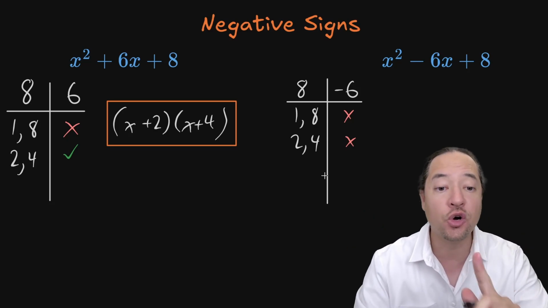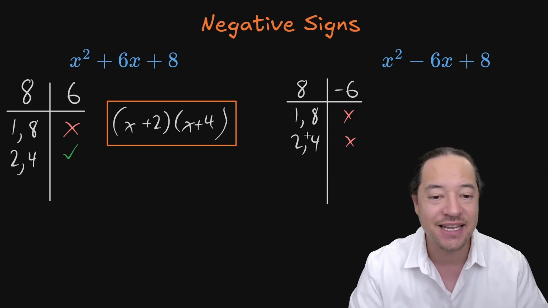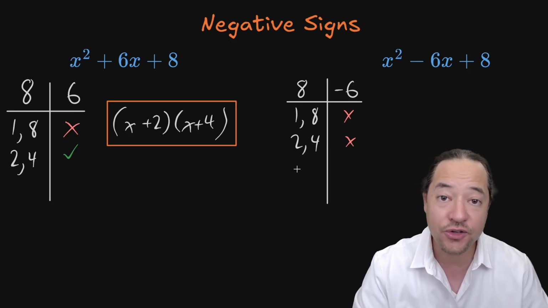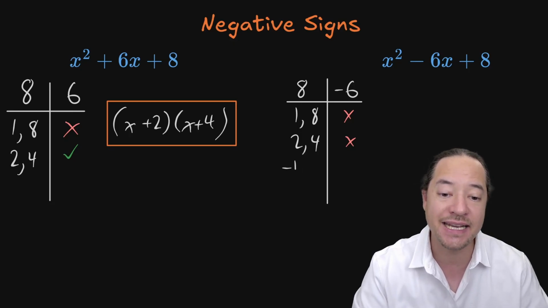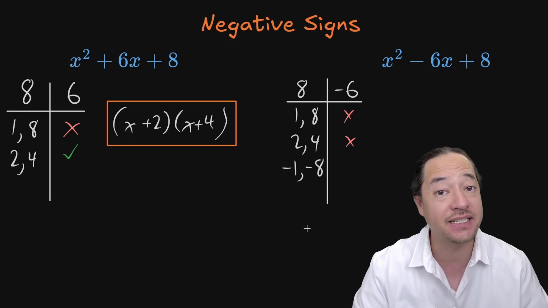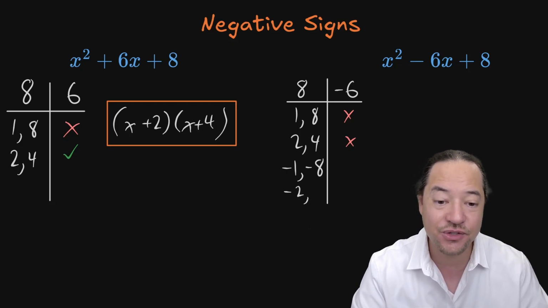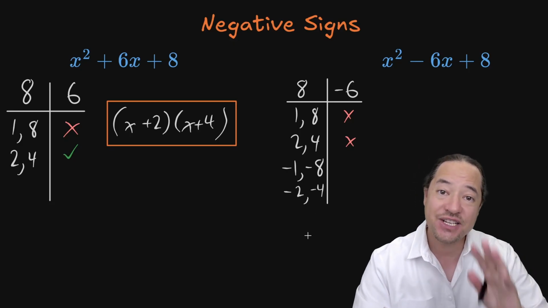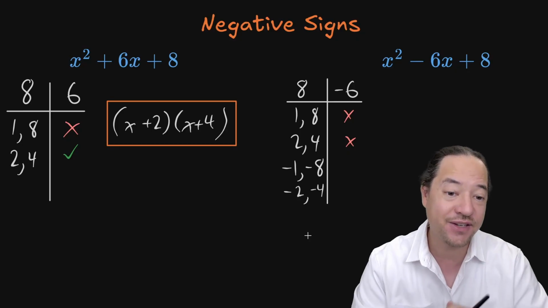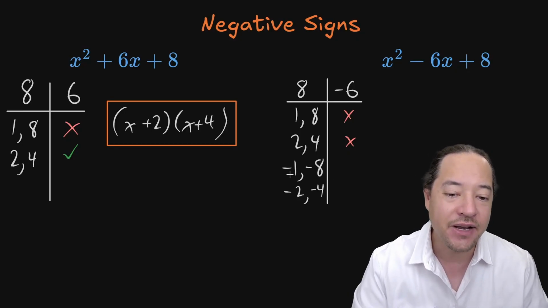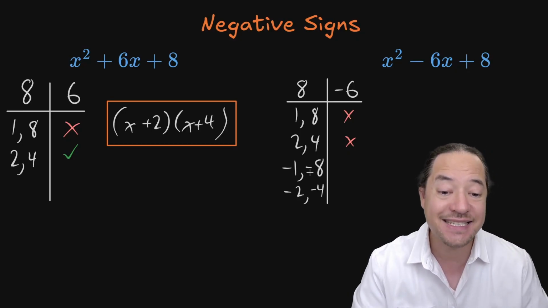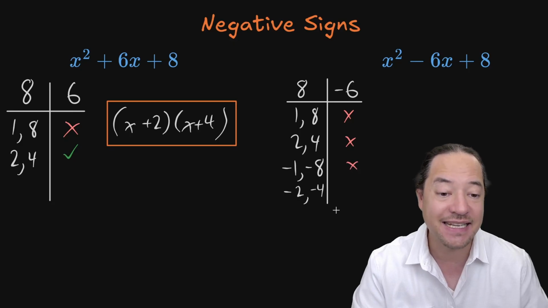Well, we overlooked some factors of 8. In fact, 8 can also be formed by multiplying negative 1 and negative 8, also negative 2 and negative 4. So there are actually 2 extra possible factor pairs that we have to consider. Now negative 1 plus negative 8 will give us negative 9. That's not what we want.